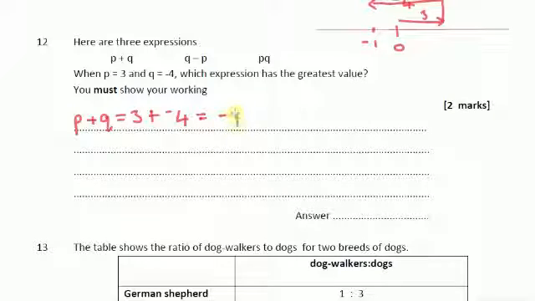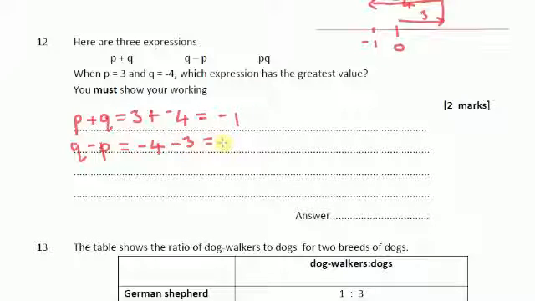q minus p means that we have negative 4 minus p, it's minus 3. So 4 steps to the left followed by 3 steps to the left is 7 steps to the left.